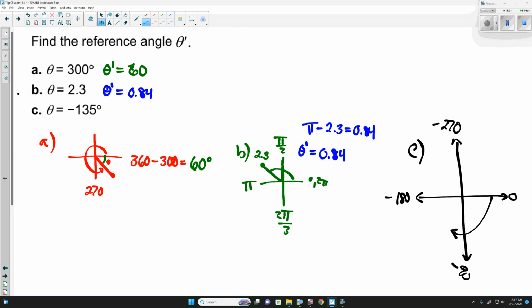To go from one axis to the next, we're just adding or subtracting 90: 0, negative 90, negative 180, negative 270, negative 360. So going this way, negative 135 degrees, we'll definitely pass negative 90. We're not going to get past negative 180, so it's down here in the third quadrant, yes?